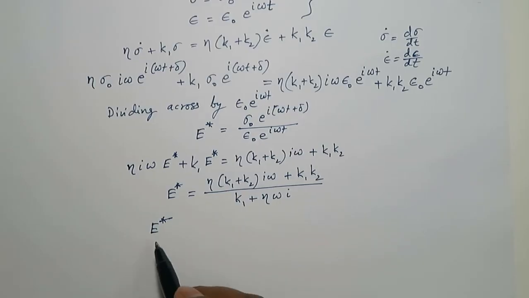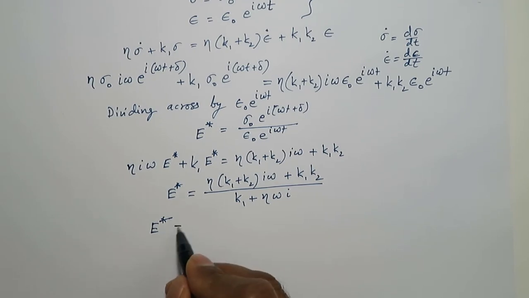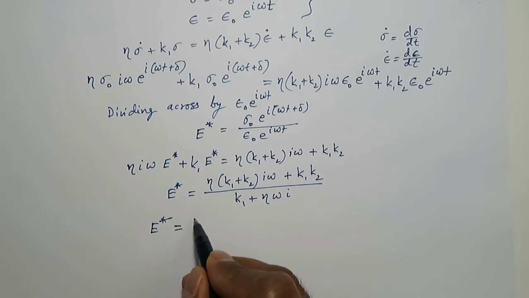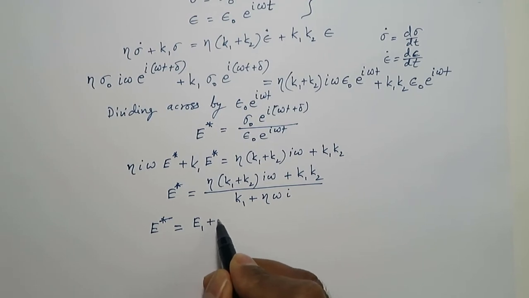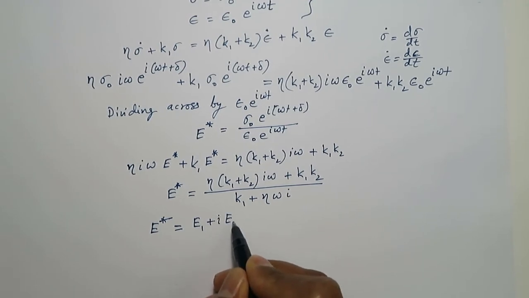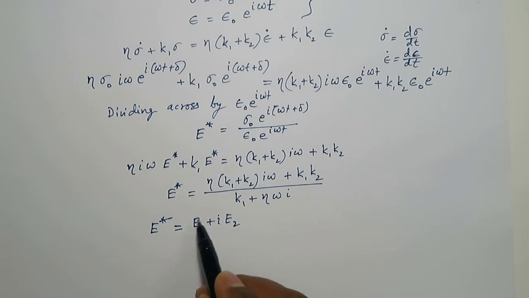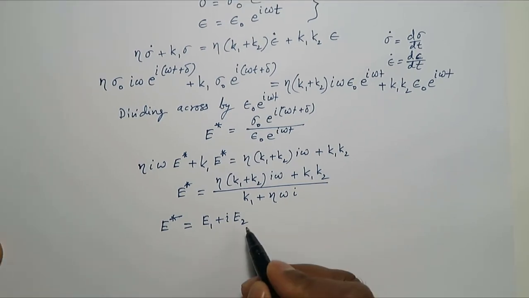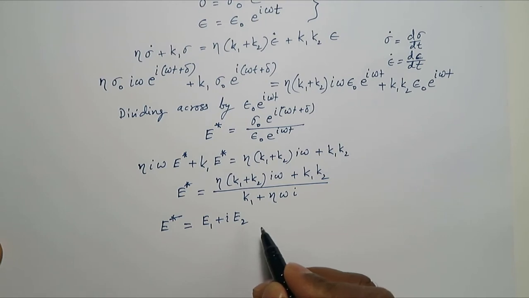Now we know that the complex modulus is given as E1 plus i E2, where E1 is the storage modulus and E2 is the loss modulus.